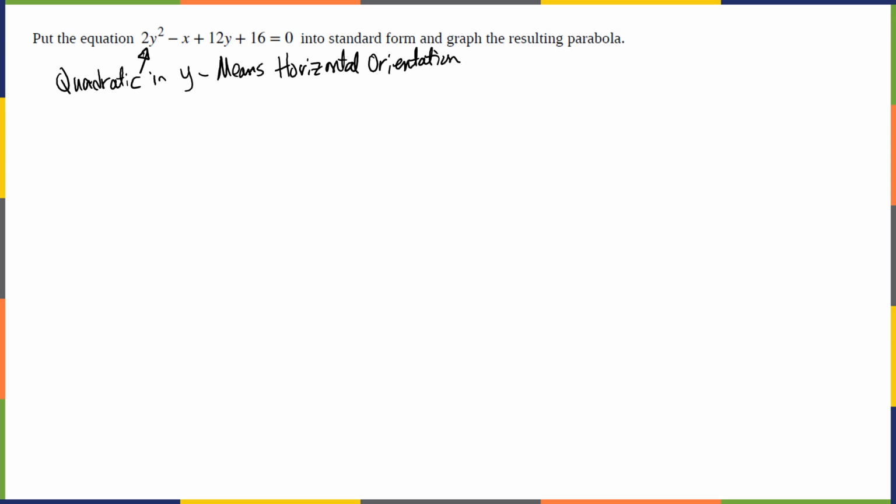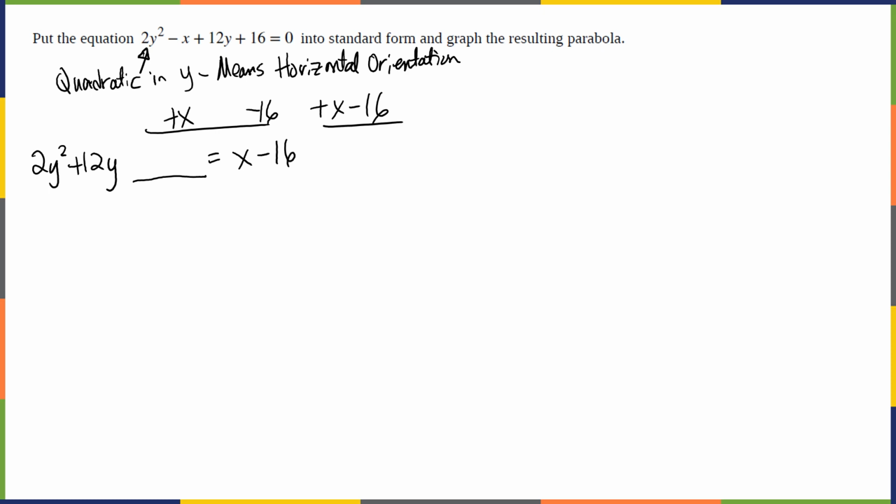So we will begin to isolate all of the y variables on one side. So I will choose to add x and subtract the 16 to the other side, leaving me with 2y squared plus 12y with a blank equal to x subtract 16 with another blank.